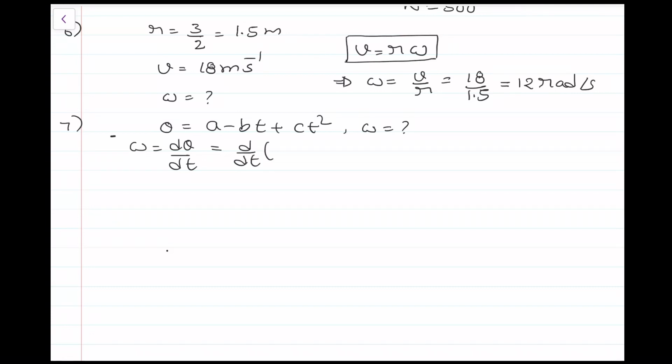We have to differentiate the given expression with respect to time. A, B, C are constants. So d by dt of A is 0, minus d by dt of bt is b, and d by dt of ct square is 2ct. So the answer is minus b plus 2ct.